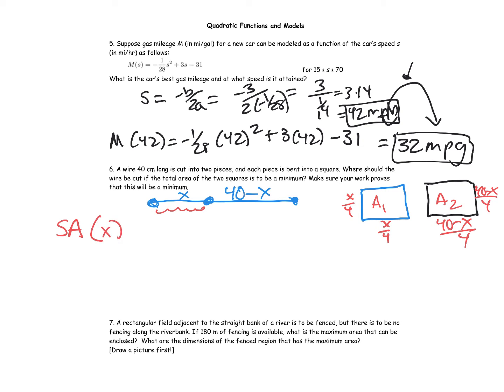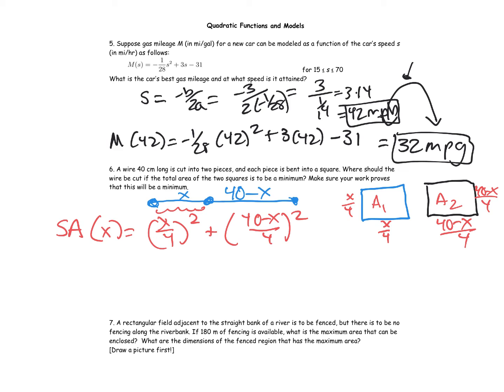In terms of x, it's x over 4 squared, that's the area of the first square, plus 40 minus x over 4 squared. I'll start you a little bit, but the idea is that it's going to be a quadratic, and you want to get it into standard form, ax squared plus bx plus c.